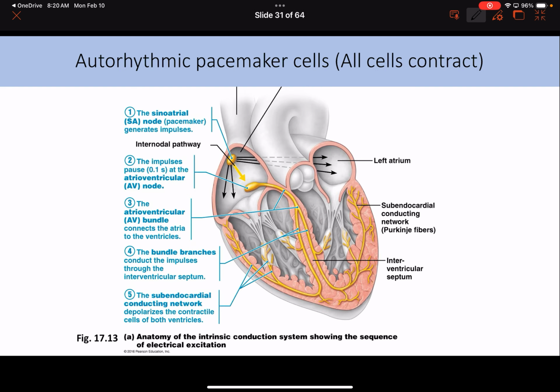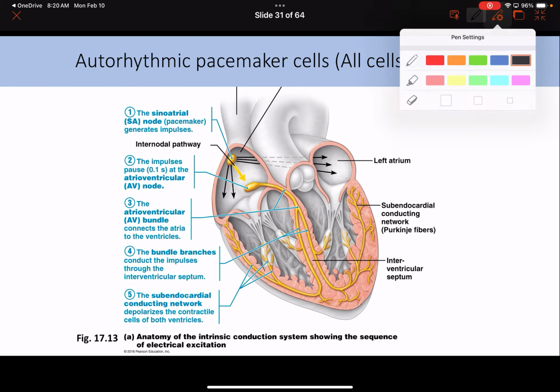So with our cardiac muscle, in general, the heart has two types of cells. And I think this is already in your notes too. Let's see how much it's in your notes. Yeah, actually all of this is in there. Okay. So we have two types of cells.